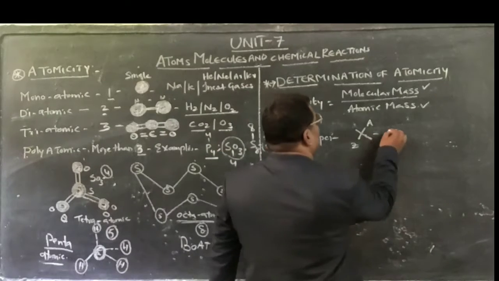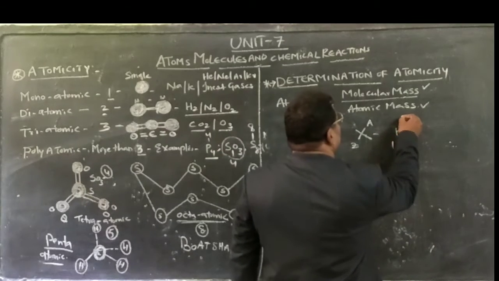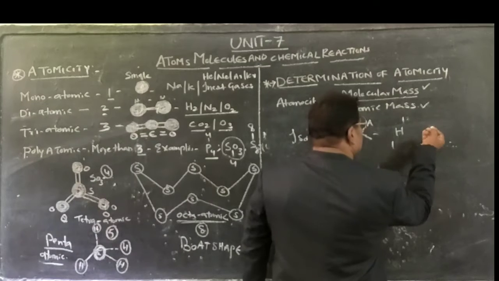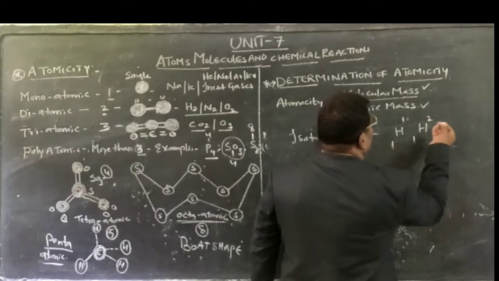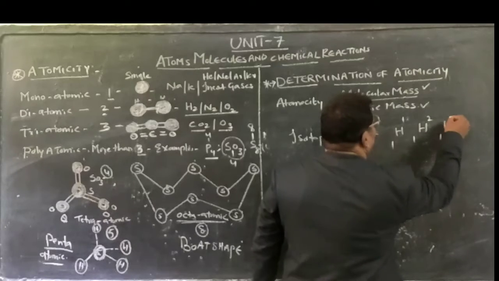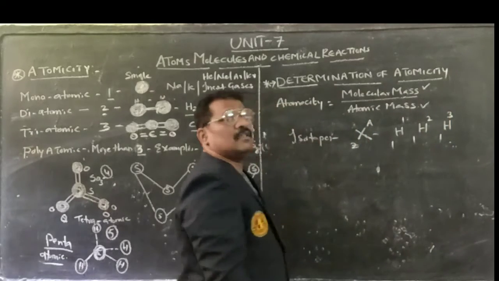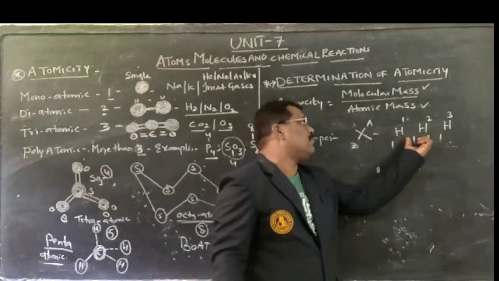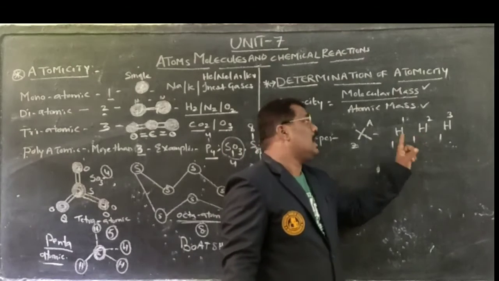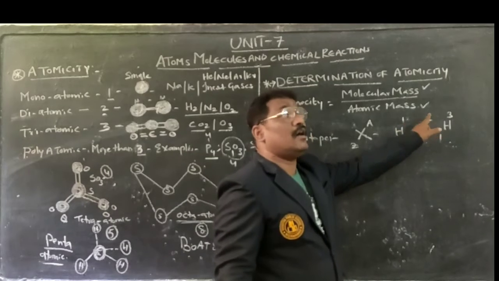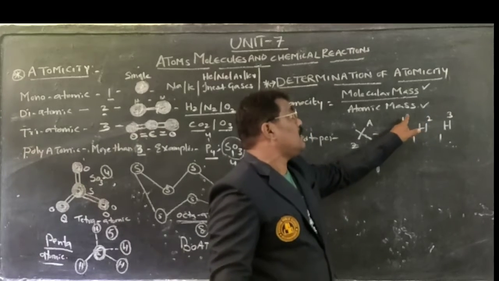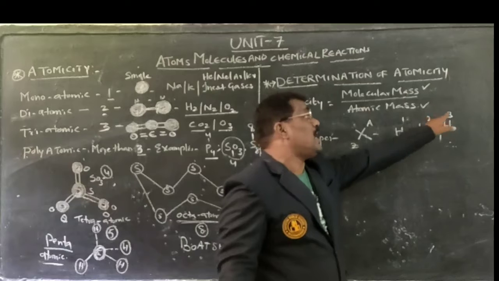For example, hydrogen has atomic number 1 and mass number 1. Deuterium has atomic number 1 and mass number 2. Tritium has atomic number 1 and mass number 3.